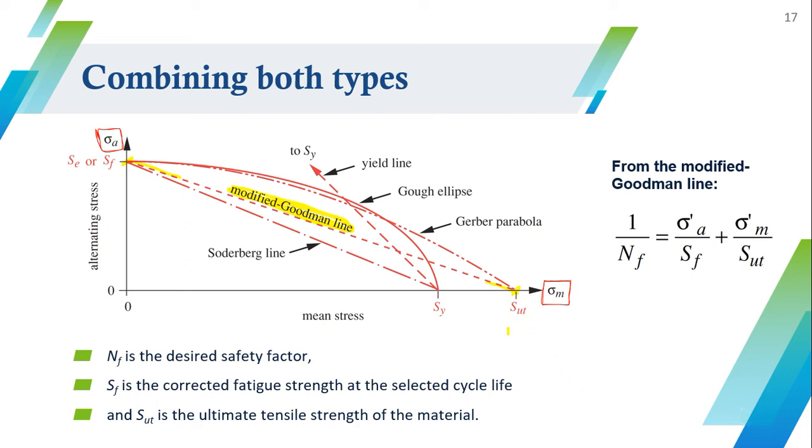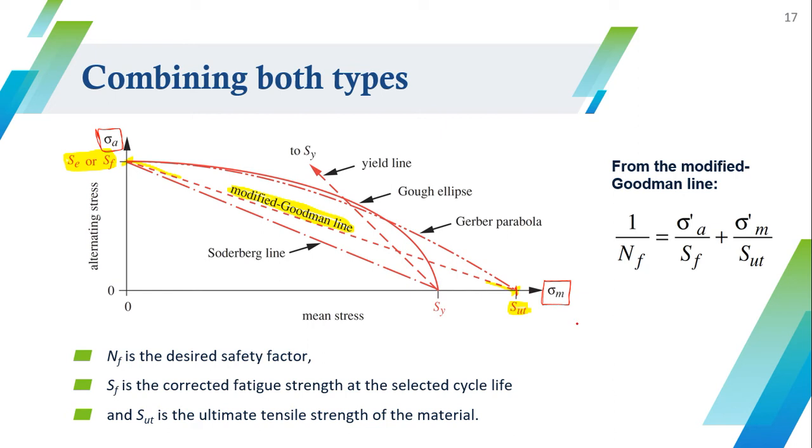Now what do these two points actually represent? SUT here is the ultimate tensile strength of the material, and SE or SF here is the endurance limit or fatigue strength of the material. Now imagine that you are anywhere on this horizontal line.